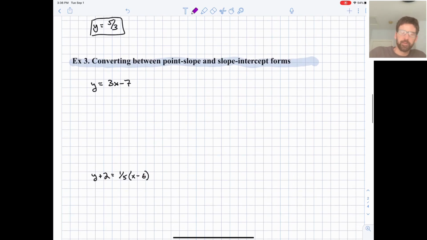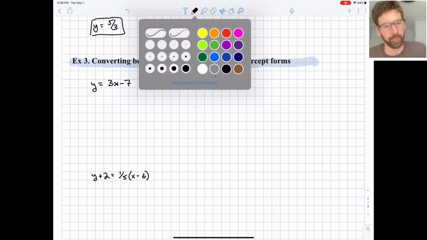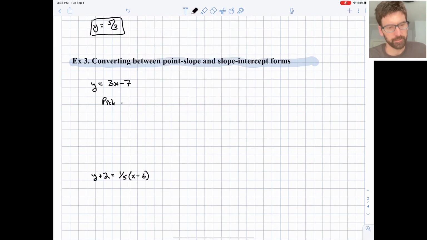You can convert between forms as well, and you can convert between point-slope and slope-intercept forms. So if we have slope-intercept form and you want to go into point-slope form, that's probably not done terribly commonly, but let's do it. Let's just pick an x value, okay? I'm going to pick -5. Doesn't matter.